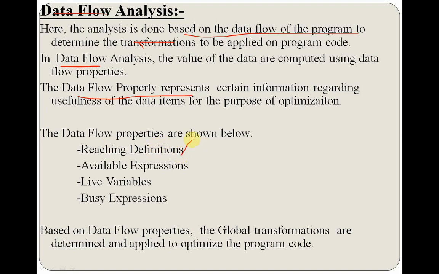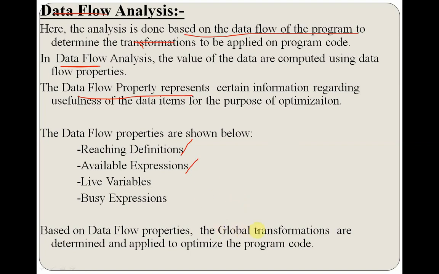Reaching definitions. By this reaching definition calculation, unreachable code in the program can be eliminated. Available expressions. By this property you can find out common subexpressions throughout the program, and corresponding global changes can be done so that program code will be simplified.